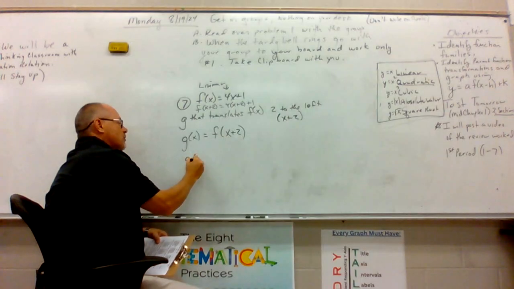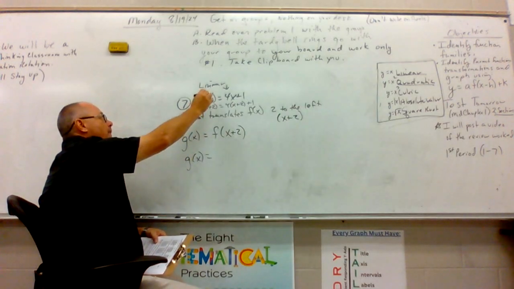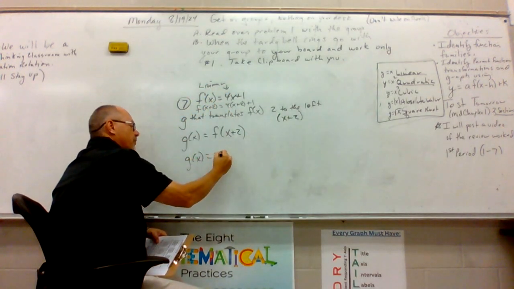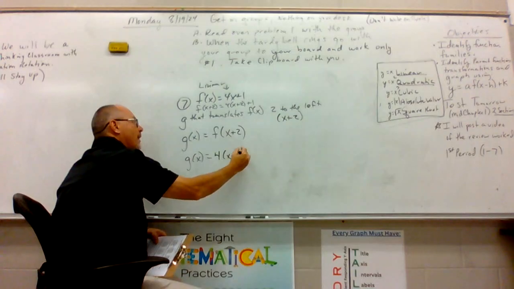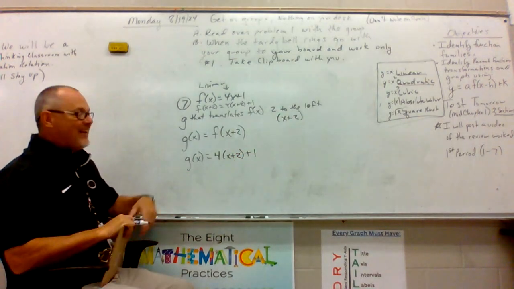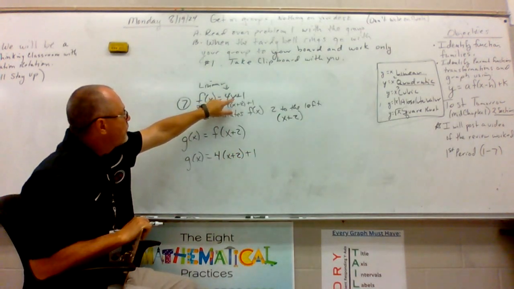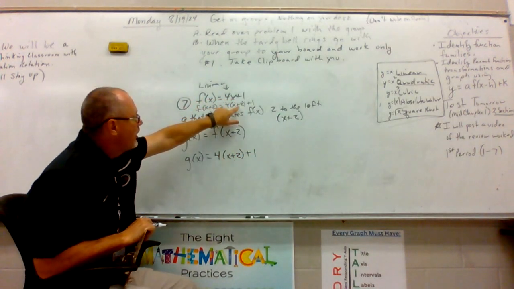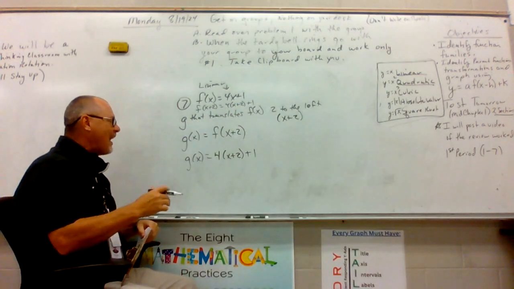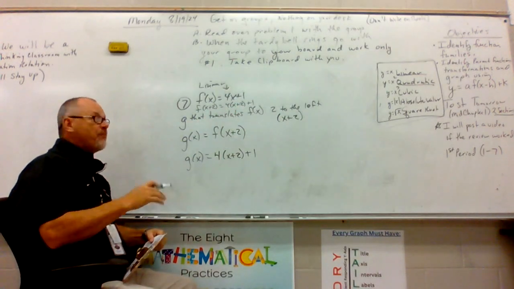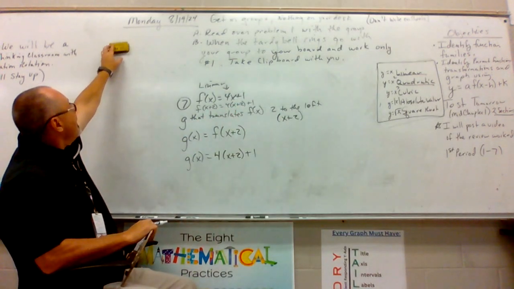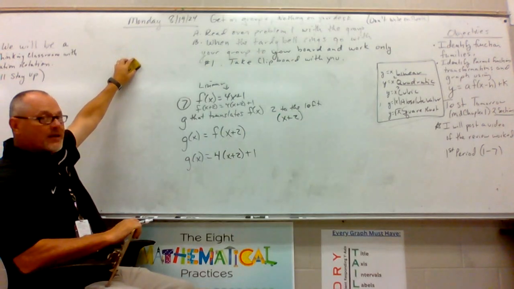So g of x is going to be the function you have, but now you put the x plus 2 in. That is g of x transforming f by inserting an x plus 2. I could simplify that, but right now I'm just showing you how to put it in there.